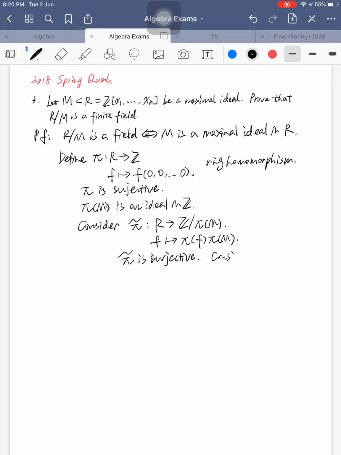Now let's consider the kernel of pi tilde. If we have some polynomial f in the maximal ideal M, then pi(f) is in pi(M). Then pi tilde of f is equal to pi(M), which means that f is in the kernel of pi tilde.